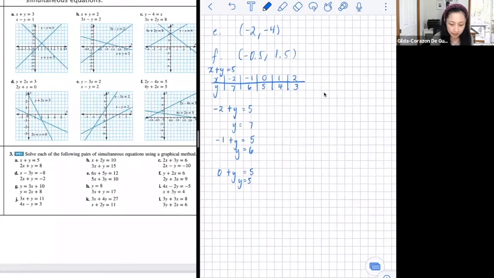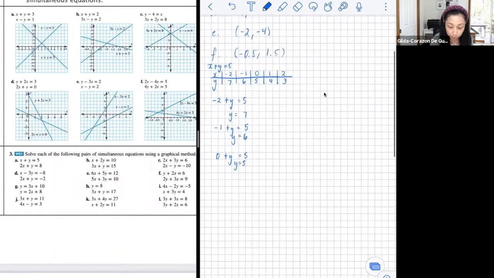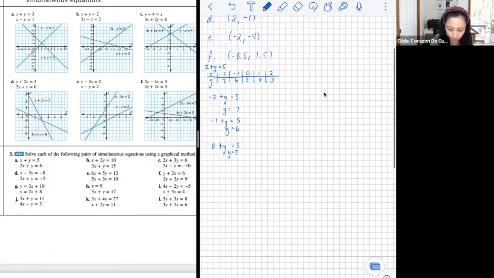So now we can plot those points so that we would be able to graph our line. On this Cartesian plane, we've got -2, 7. Then we've got -1, 6.